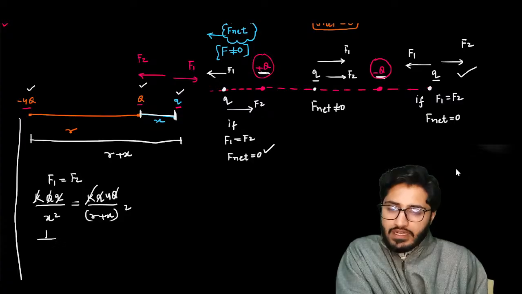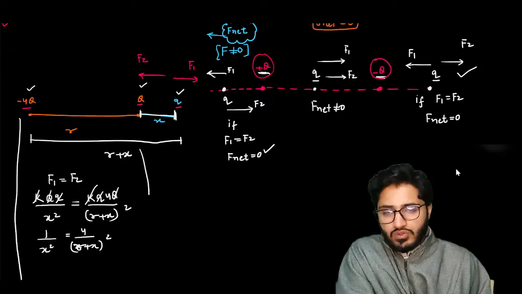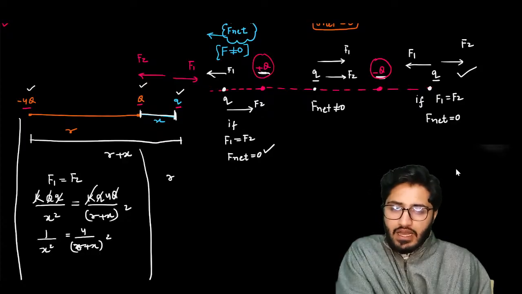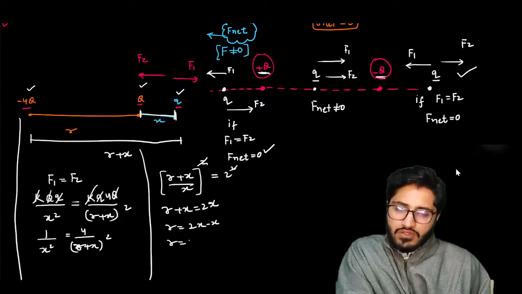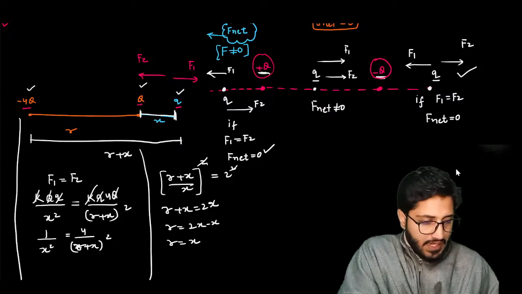So I will get 1 divided by X square is equal to 4 divided by R plus X whole square. In the same way, R plus X by X whole square is equal to 2 square. Square cancels out. So R plus X came out to be 2X, so R is equal to 2X minus X. So R equals X only.